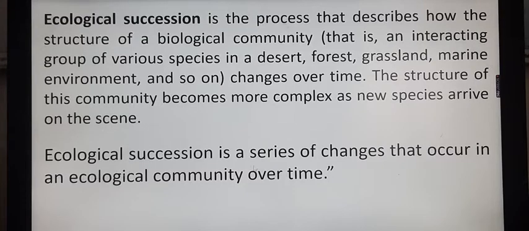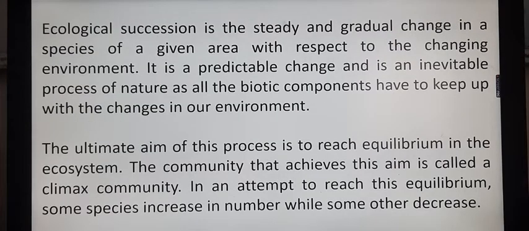So ecological succession is a series of changes that occur in an ecological community over time. So this will be the definition of ecological succession. Ecological succession is the steady and gradual change in the species of a given area with respect to the changing environment.